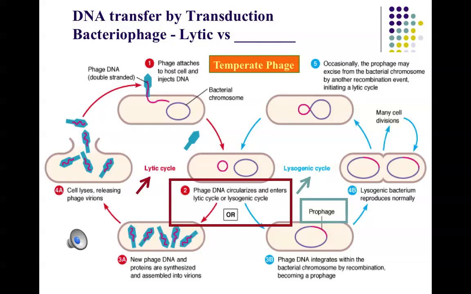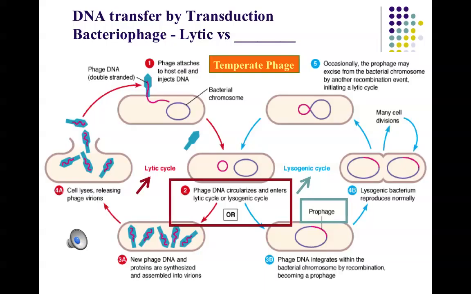If we continue from 2 to 3A in the lytic cycle, we're simply going to have this viral nucleic acid directing the synthesis of new viral proteins and new viral nucleic acids, the assembly of all those components into new viruses, and eventually release from the bacterial cell in a mechanism called cell lysis, or the lytic process.